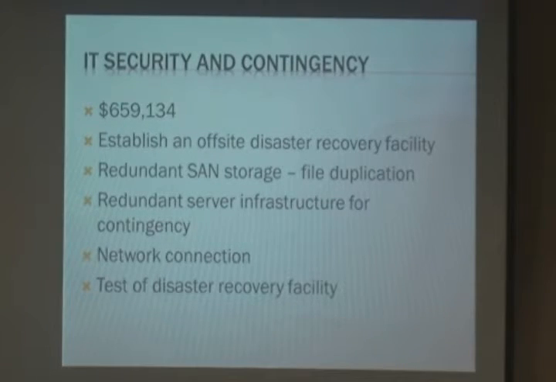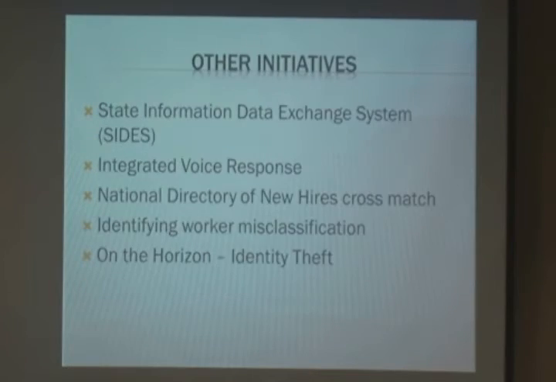He anticipates it to cost $659,000, and that particular project was fully funded. That's part of the safeguard measures that we talked about a little earlier in this grant. You have to be able to demonstrate these safeguards, and disaster recovery is one of those.